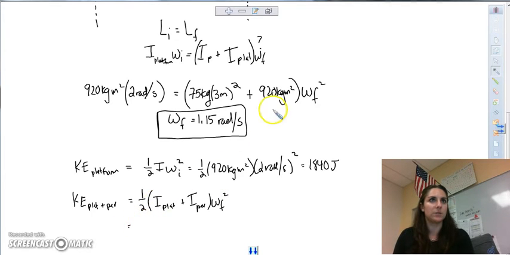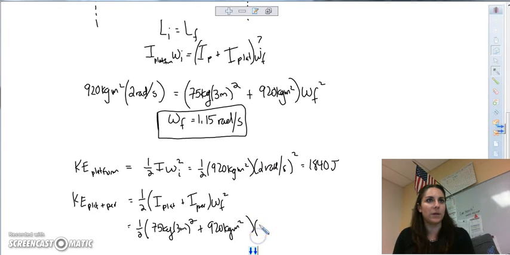So I'm taking this scenario again and doing 1/2 times 75 kilograms times the radius squared for the person. The platform was the 920, times our omega, 1.15 radians per second, squared.